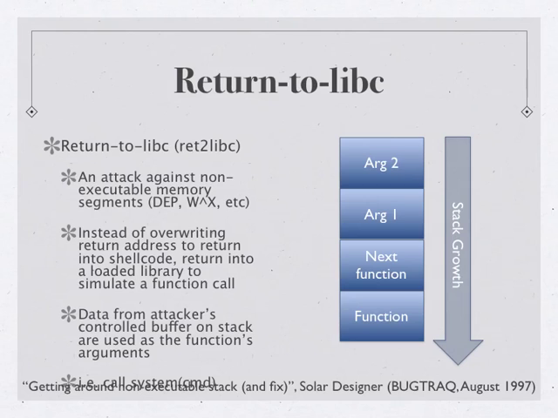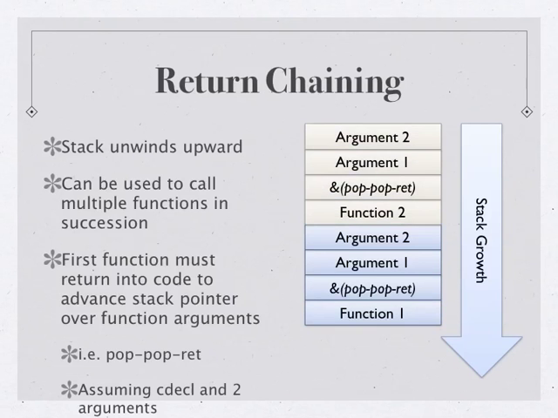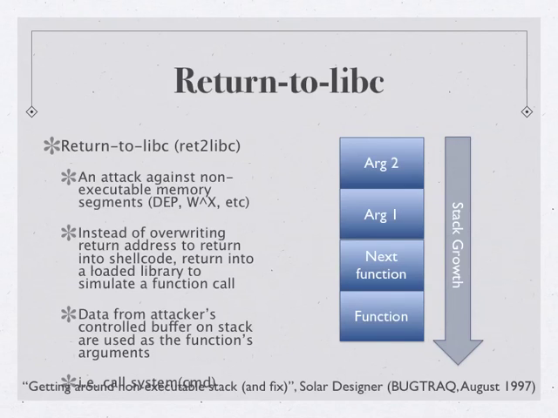What you need to keep in mind for why this works the way it does is that when we overwrite the return address, we can replace it with an address of a function and overwrite the arguments on the stack as well. That's the main idea with return-to-libc: we can overwrite the return address and simulate a function call.